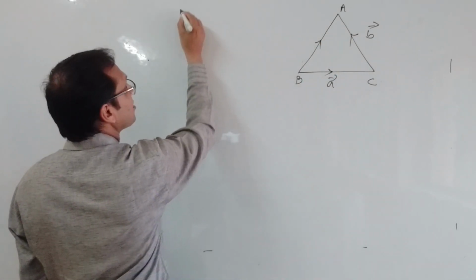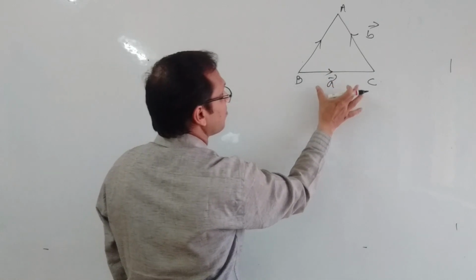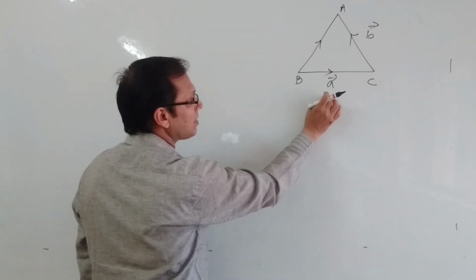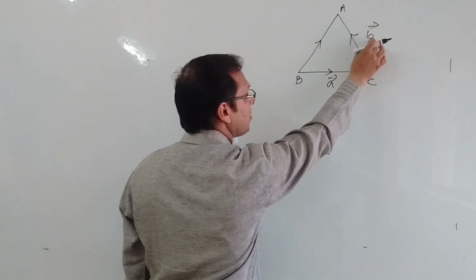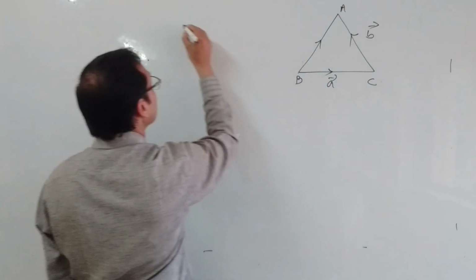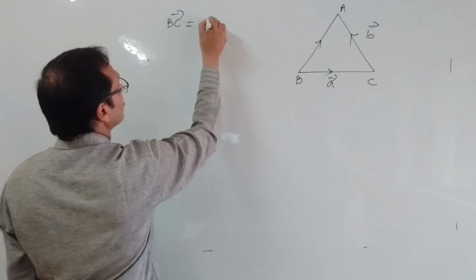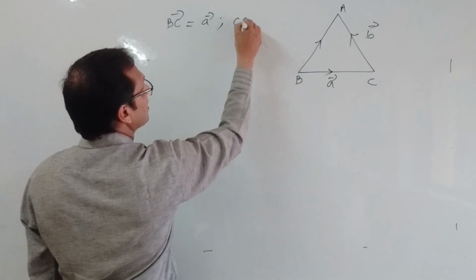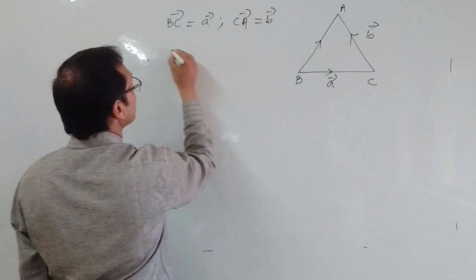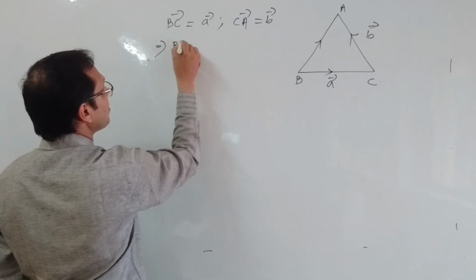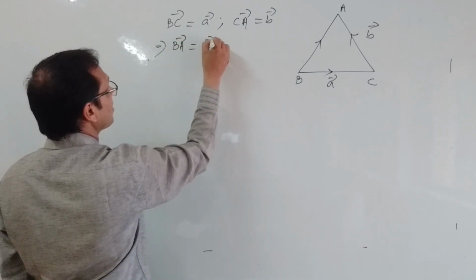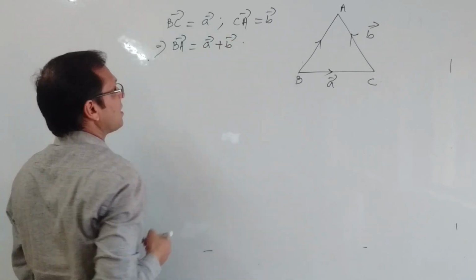So you will mention here in the triangle ABC, BC side is represented by the vector A vector and CA side is represented by the vector B vector, then BA side. You will write here BC is equal to A vector, CA is equal to B vector. That implies BA vector is equal to A vector plus B vector.